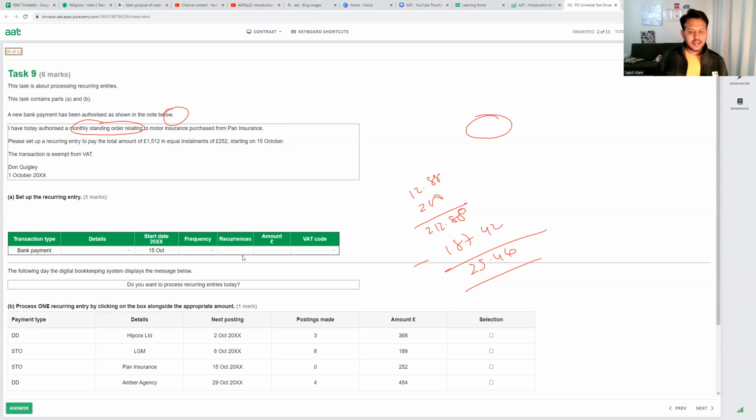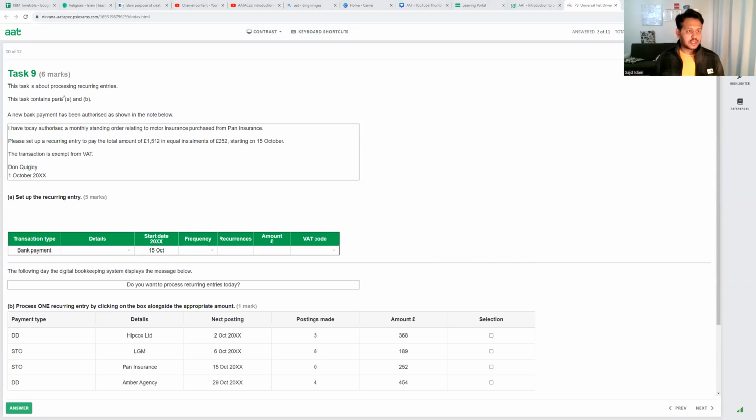Next one, Task 9, is the question we have here for 6 marks. This task is about processing the recurring entry. Recurring means that rather than doing the transaction every month or every week or every quarter, you can make the transaction repeat, so it is created automatically.